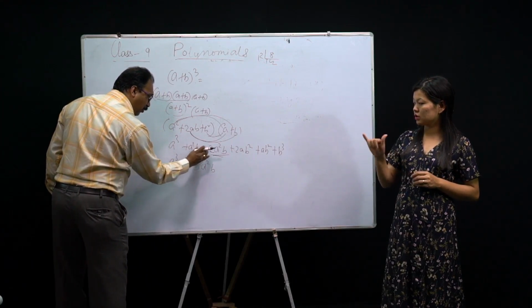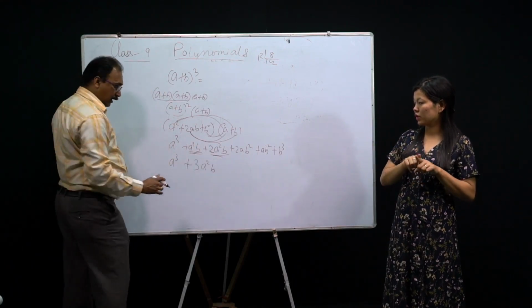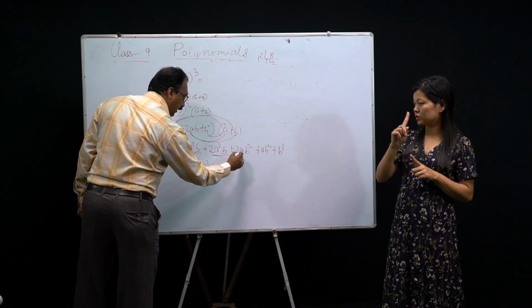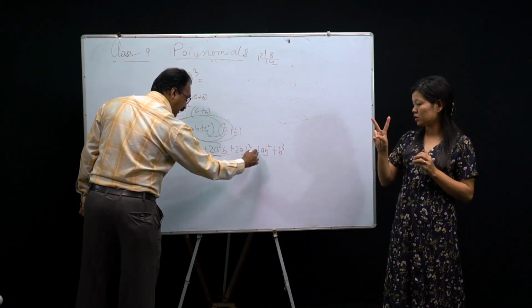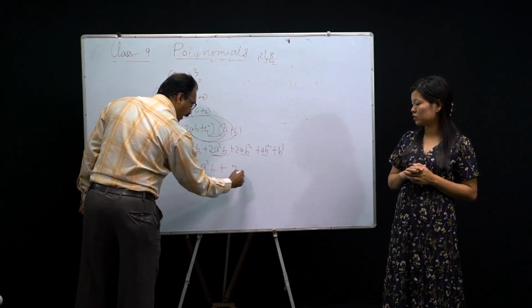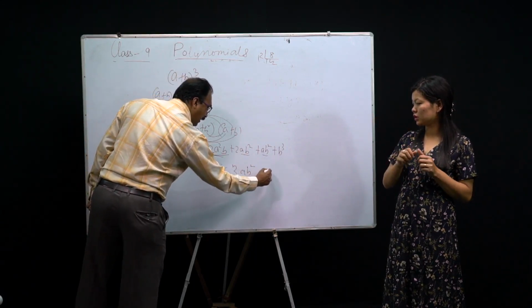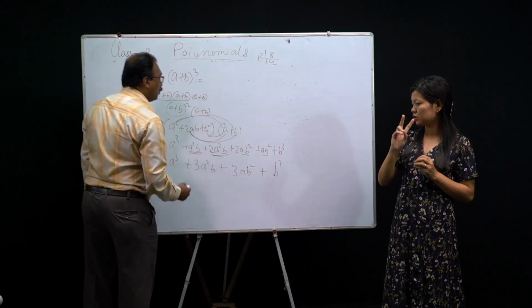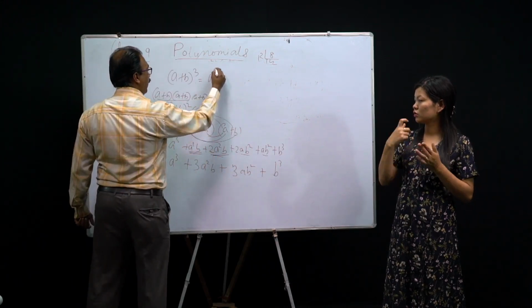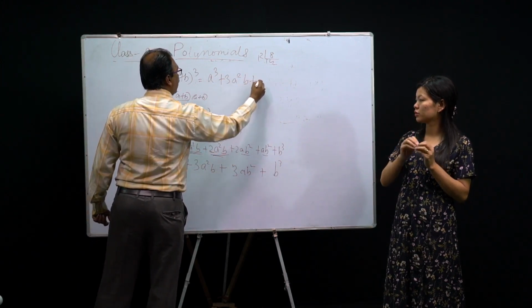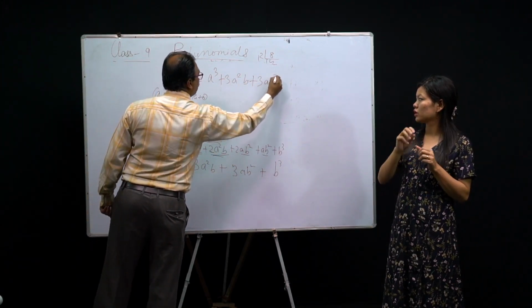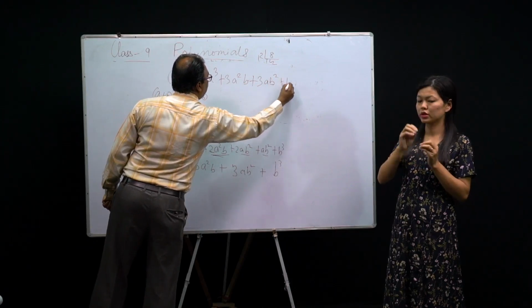Like 1 mango, 2 mango, 3 mango. Clear? Like terms are like this. Now here also ab square is the same. It is 1, it is 2. No number means you think there is a 1. So it is 3ab square plus what is left? b cube. So the formula you learned is a cube plus 3a square b plus 3ab square plus b cube.